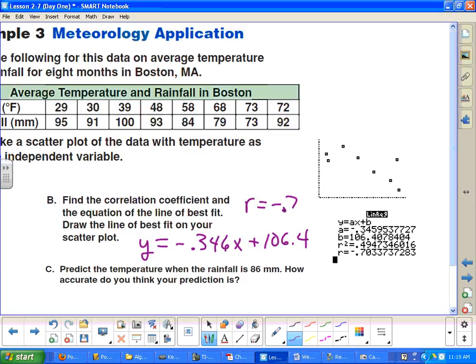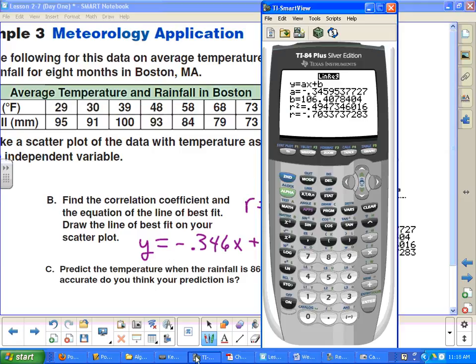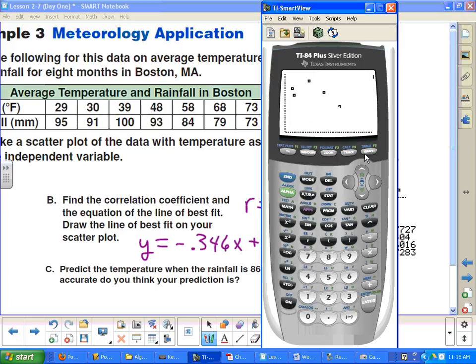The slope of my line is negative. The correlation coefficient is negative. But are they the same? No, the slope is not the correlation coefficient. It's just if one of them is negative, then the other one is going to be negative. If one of them is positive, then the other one's going to be positive. Then if we press graph again, the line will show up there.